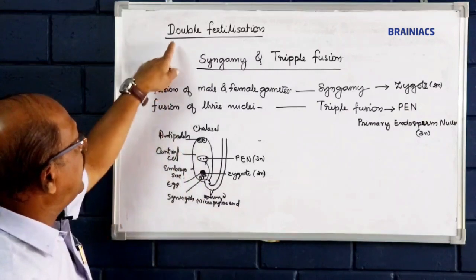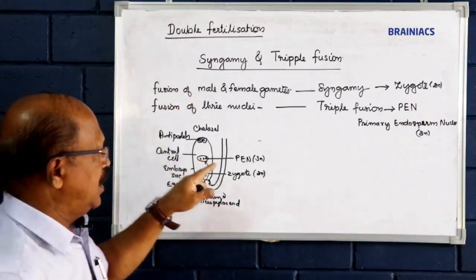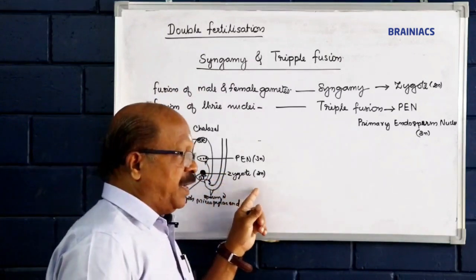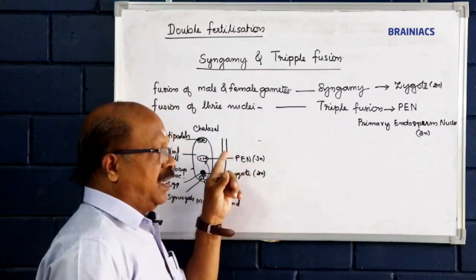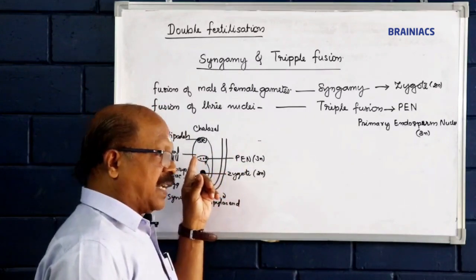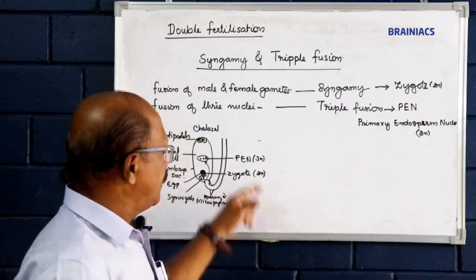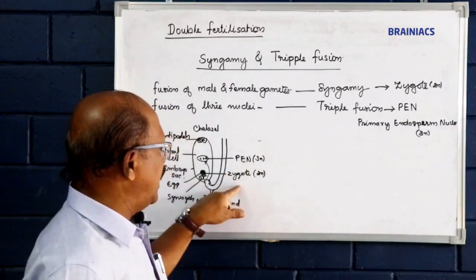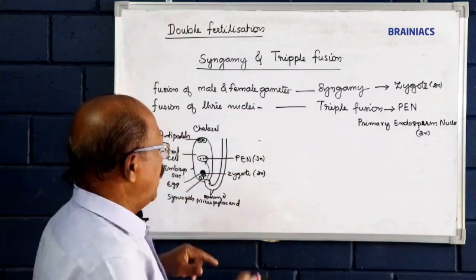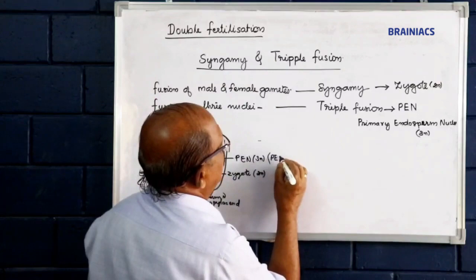See, at a time two fusions take place: fusion between male gamete and female gamete, and fusion between the secondary nucleus together with the sperm. Zygote, and primary endosperm nucleus within the primary endosperm cell.